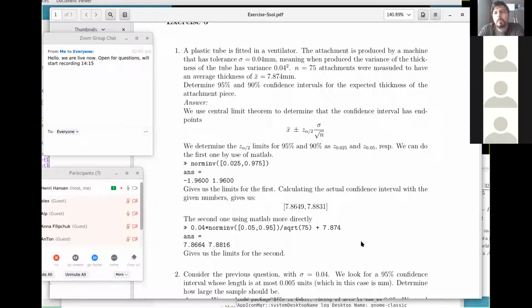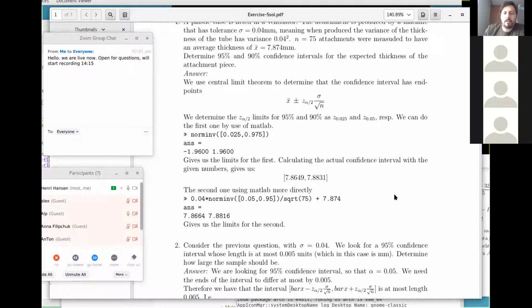But you see here, this depends on the variance or the standard deviation and the sample size. Because the sample size appears here, if we know the variance and we know the confidence limit that we want, we can in fact look for what the sample size is if we want the confidence interval to be within certain ranges. So here, for instance, consider the previous question.